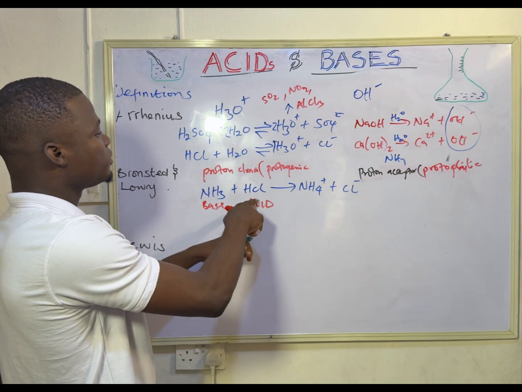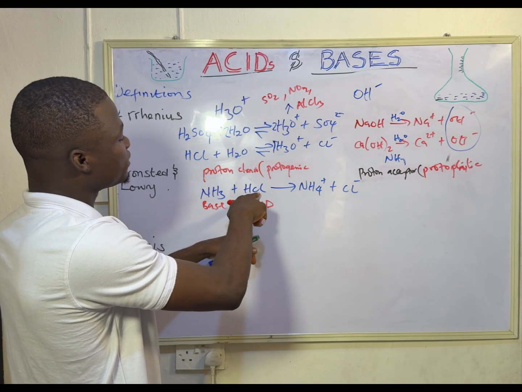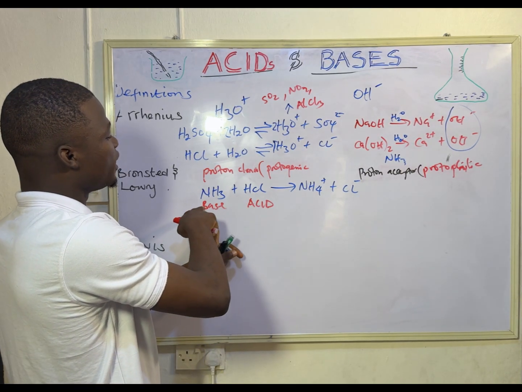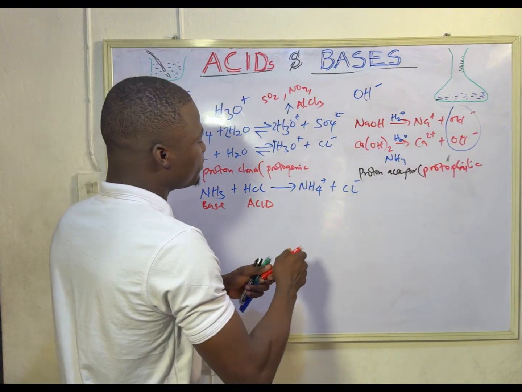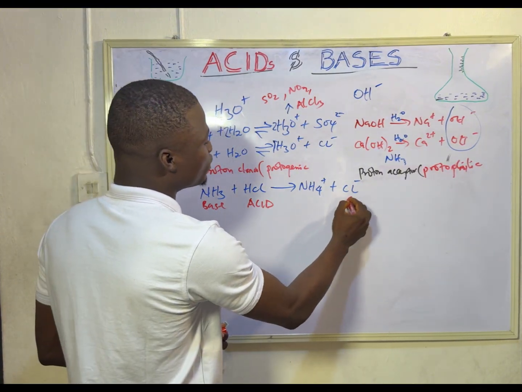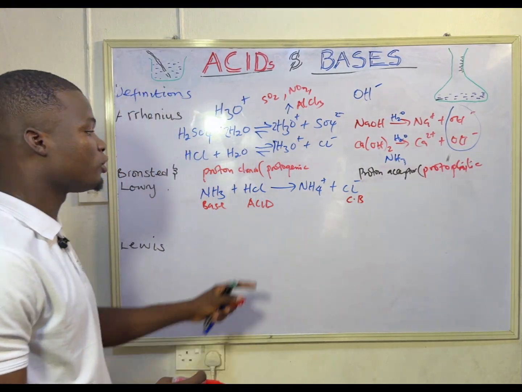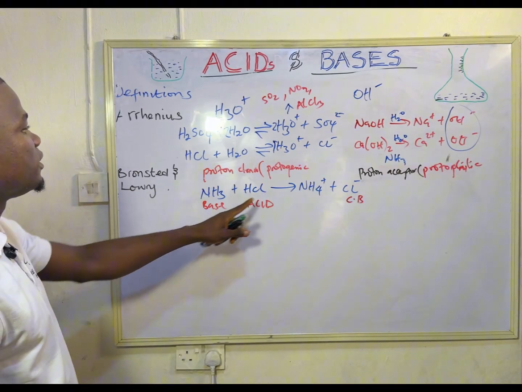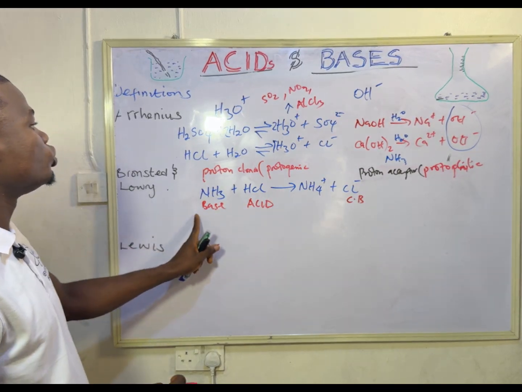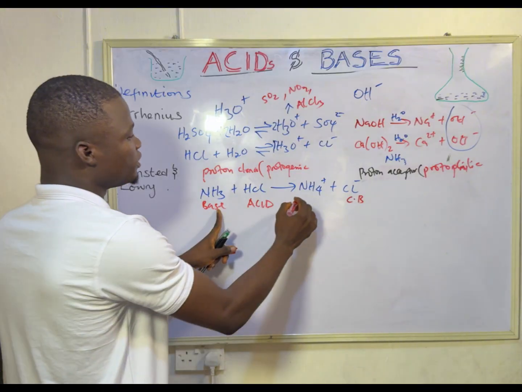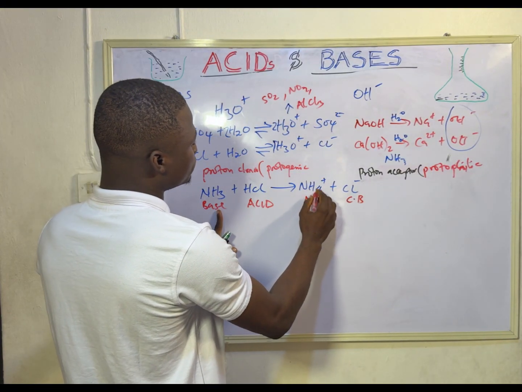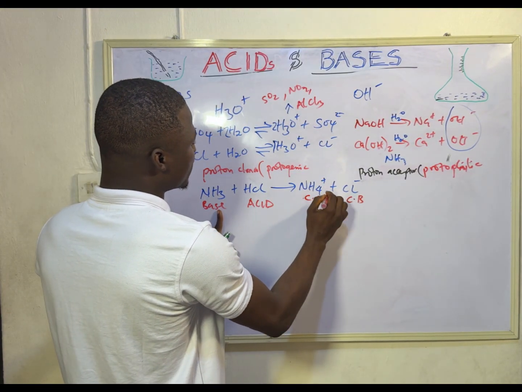In this case, this acid loses its H plus to NH3 to become Cl minus. This Cl minus is the conjugate base of this acid, whereas this NH4 plus is the conjugate acid of this base.